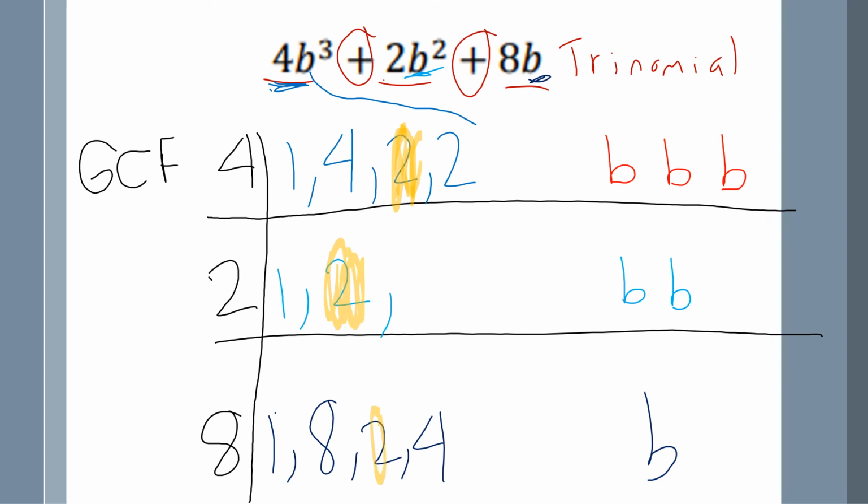And 8 has the 2 right there. That's the biggest number they have. I know somebody was going to make a mistake and say 4, but if you look at the 2, there's no number times 4 that gives you 2. So, you put 2.